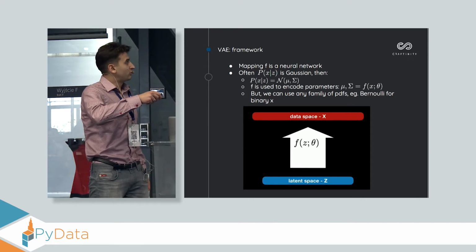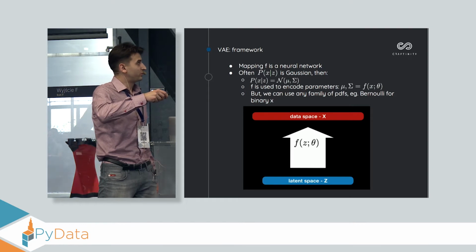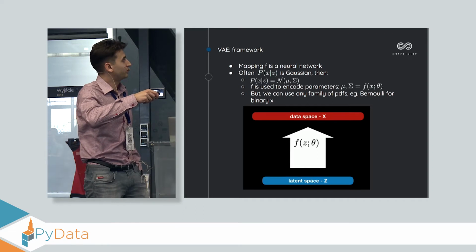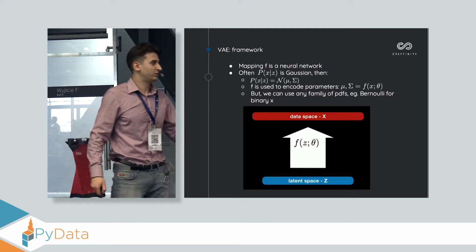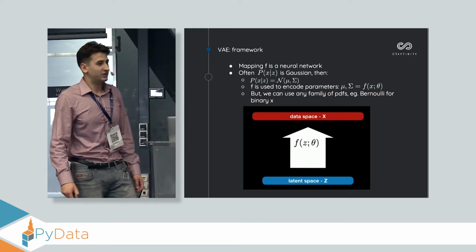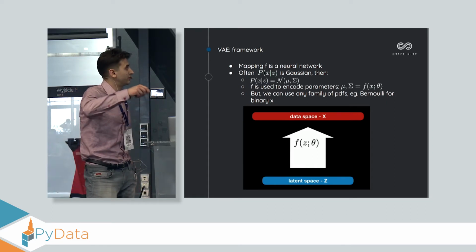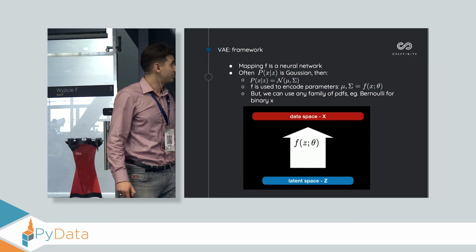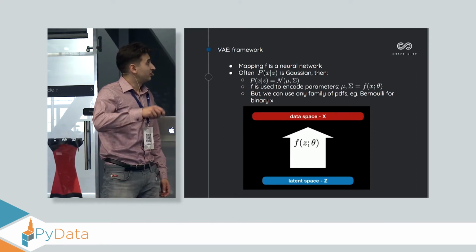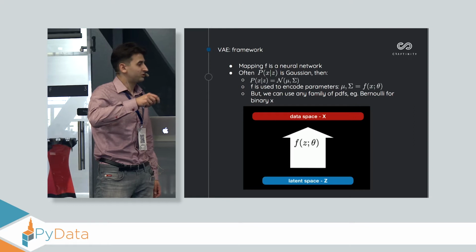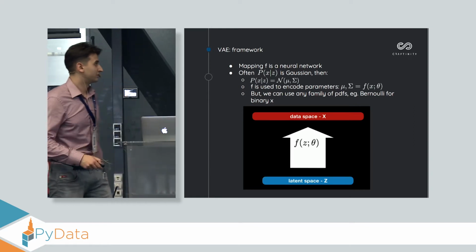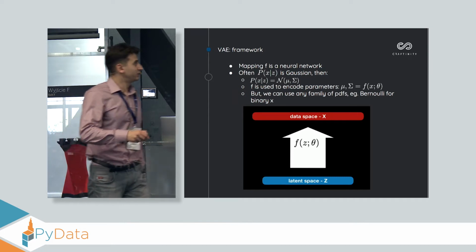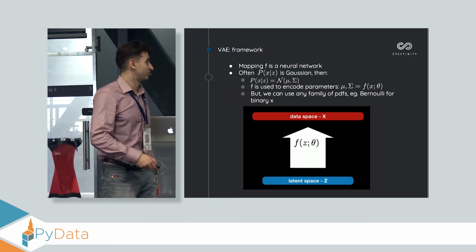And the output of f is used to represent the parameters of this distribution p. So for instance, if our p is a Gaussian, then f encodes its mean and covariance matrix. Often, because the dimensionality of x is very large, in the case of images, we restrict the covariance matrix to be a diagonal matrix. But obviously, if our data is binary, then we can use a Bernoulli distribution.